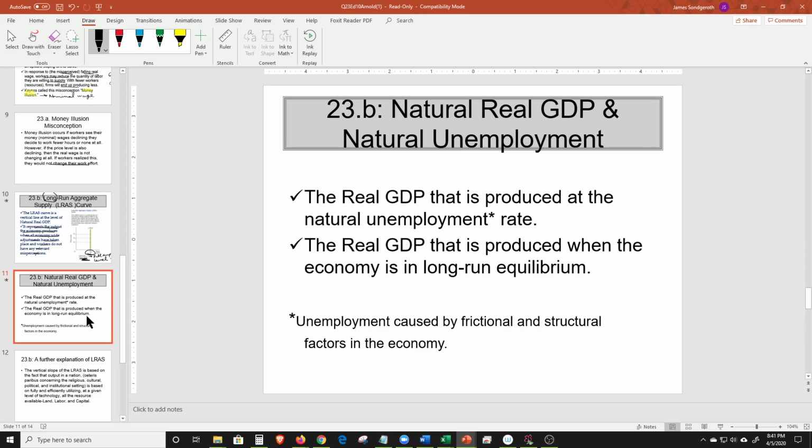All right, so the natural real GDP and the natural unemployment. So basically, real GDP that is produced at the natural unemployment rate.